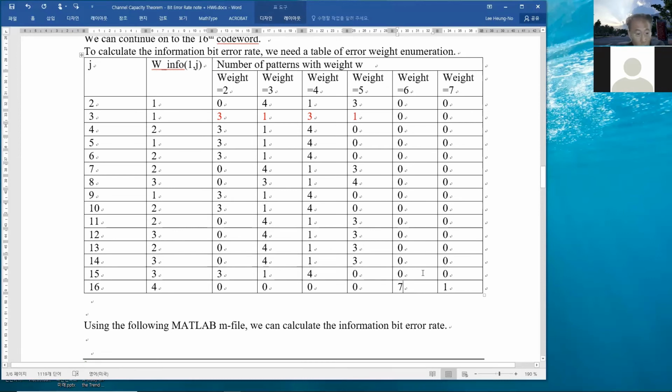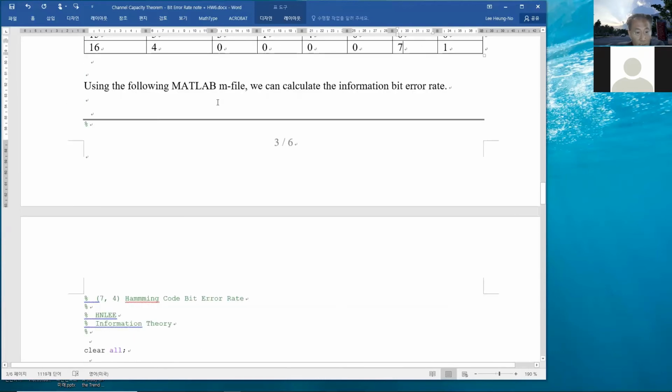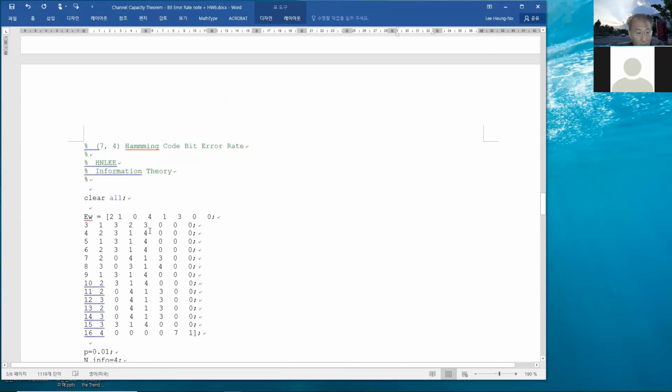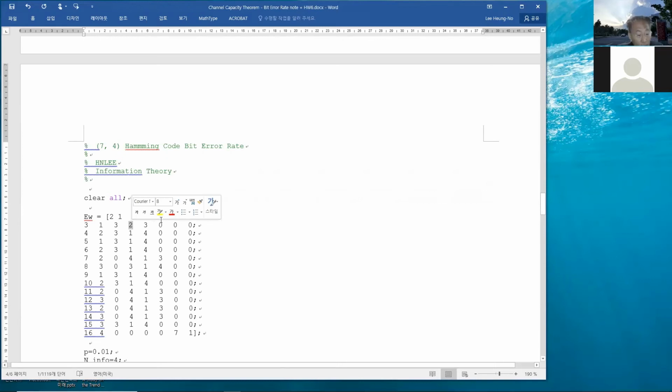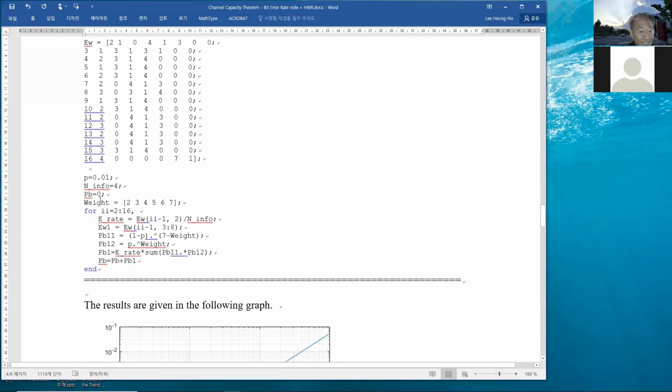So we have completed the table, and then using the MATLAB file. So this was supposed to be 3 1 3 1. You use this array, and then you can do the calculation of the probability of bit error.